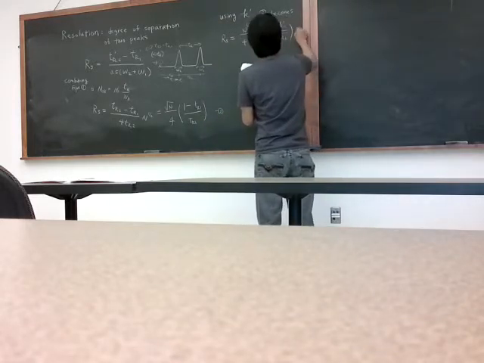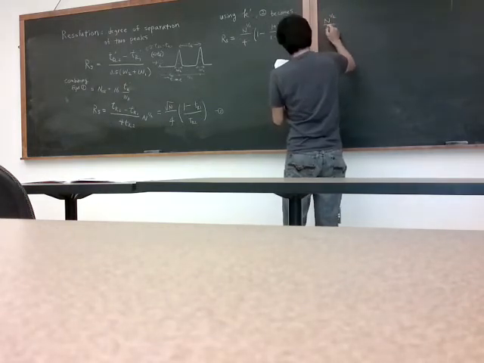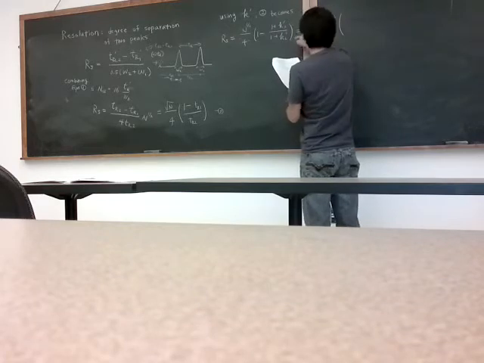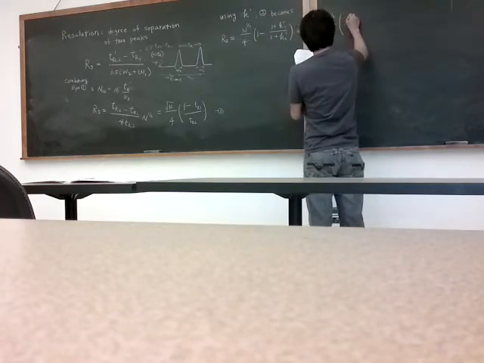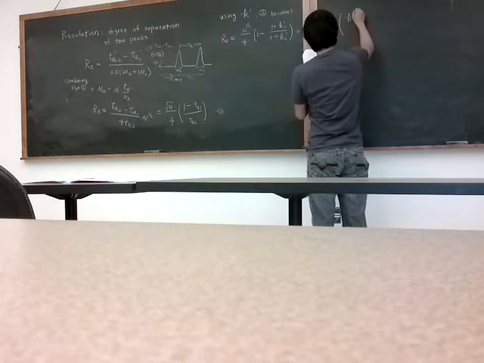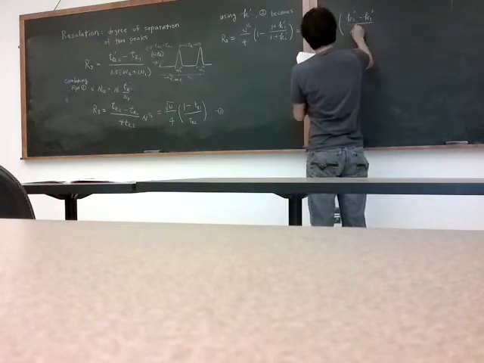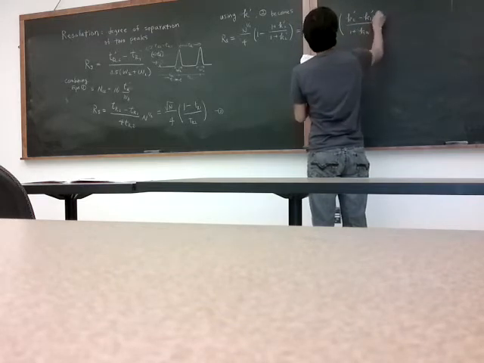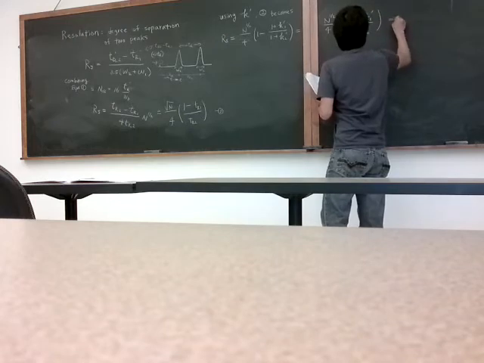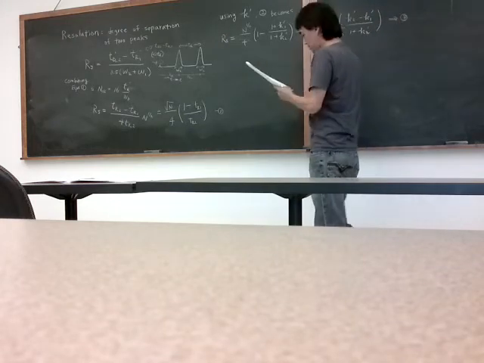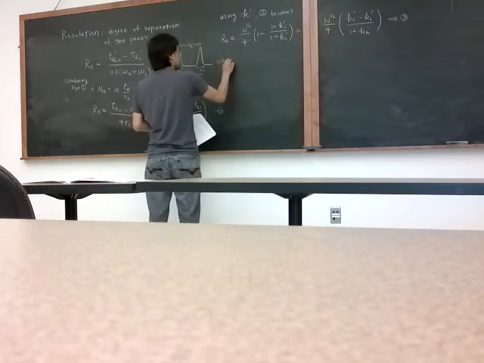This is equal to 1 half over 4. And then we need 1 minus, so you can just take a common denominator. You can get k2 prime minus k1 prime over 1 plus k2 prime, and this is equation 3.